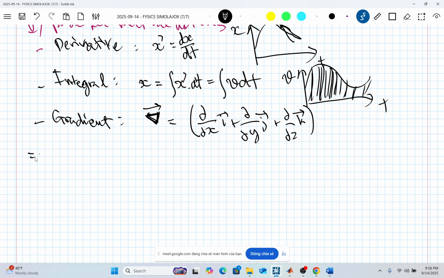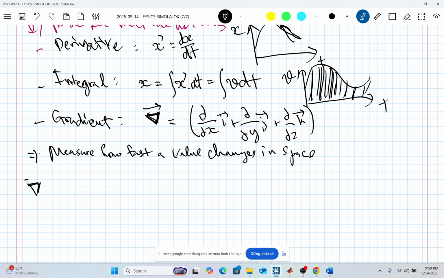The gradient basically measures how fast a value changes in space. Because of the form of the gradient, it will take a scalar and return a vector.